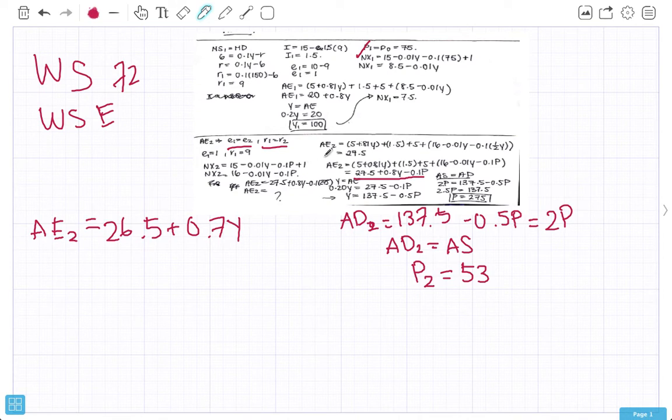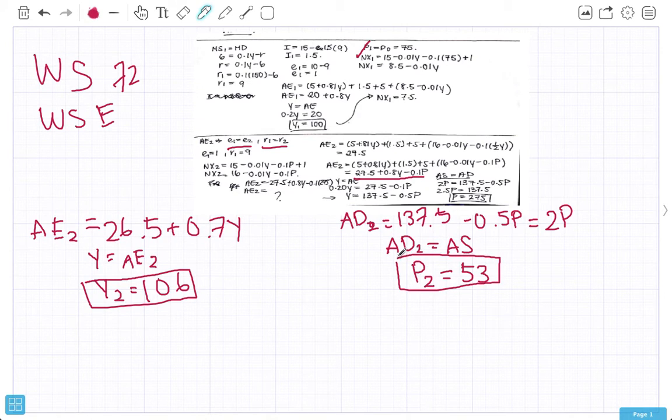If you simplify that, you'll get this equation, and then you can just solve y equals AE like you do, and then you'll get y2 equals 106. So here, y2 equals 106, p2 equals 53.